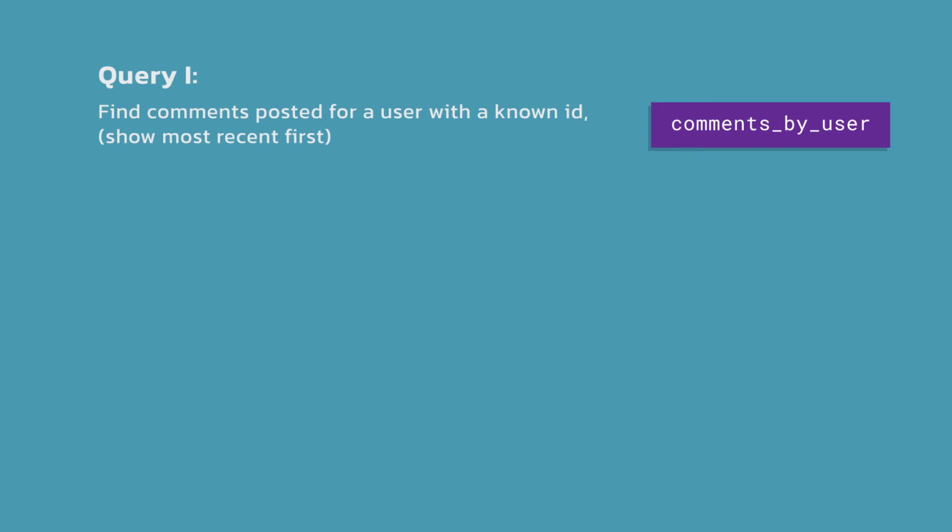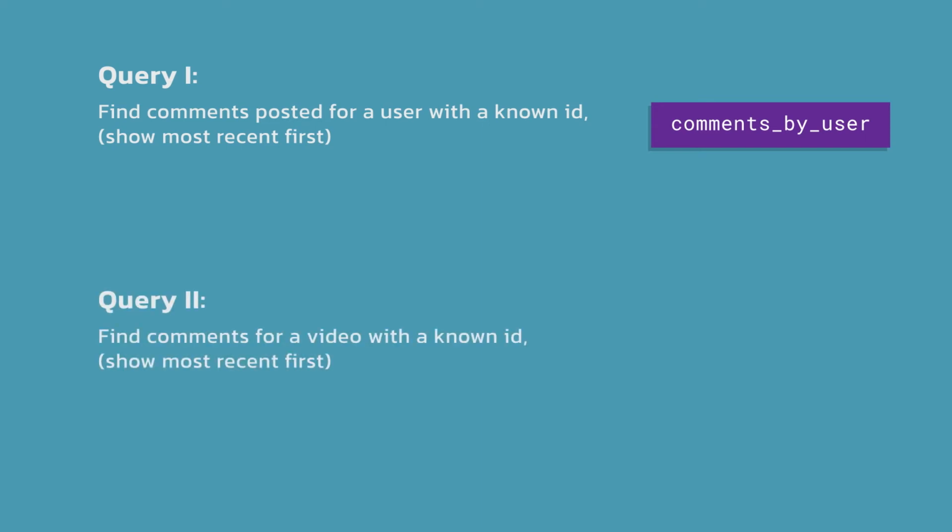So I want comments partitioned by user. That's what we're saying, comments partitioned by user. In query 2 there, again, I want to find comments for a video with a known ID. Same deal, comments by video. I want comments partitioned by video. And both of them, if you notice, say show most recent first, going back to that kind of thing where I want them in time order. That's what that means.